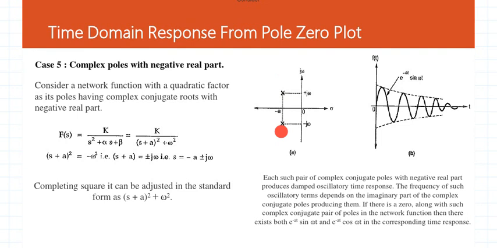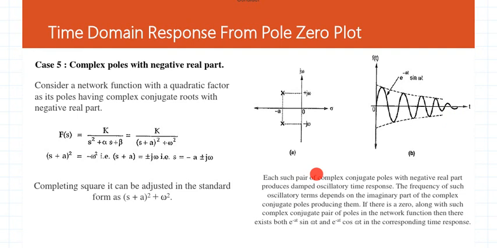Stable system means the system must have a finite magnitude as time approaches infinity. Since it is a complex conjugate pole, we have a sine term involved, and over a period of time this sine term is reducing in magnitude, and therefore we say that such a system is a stable system.